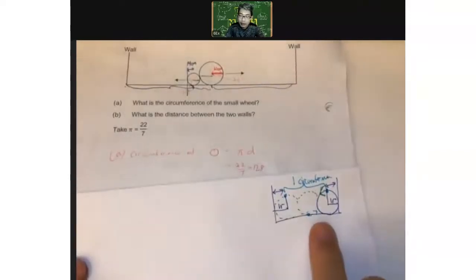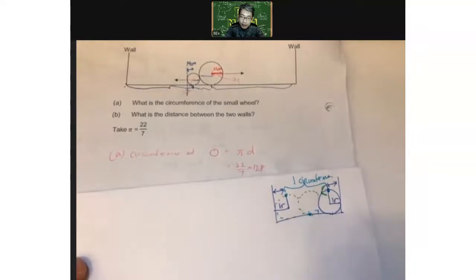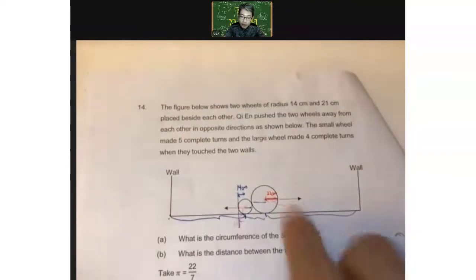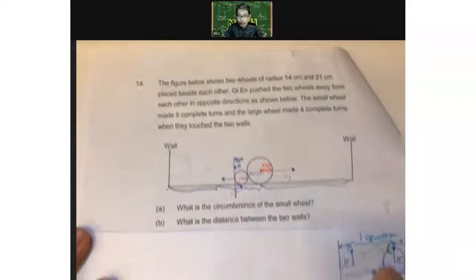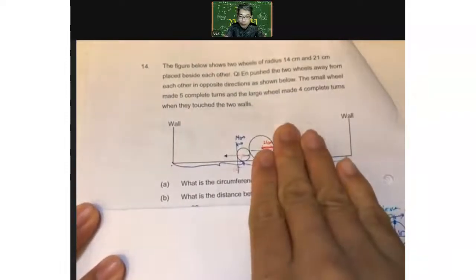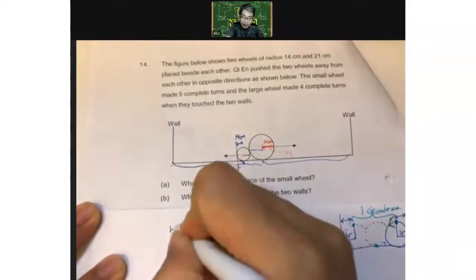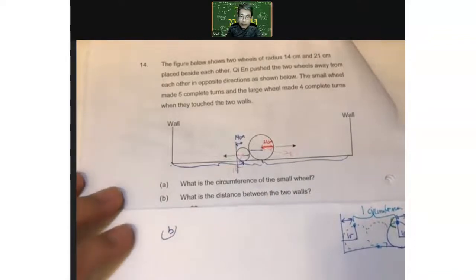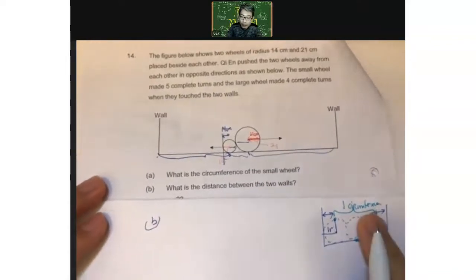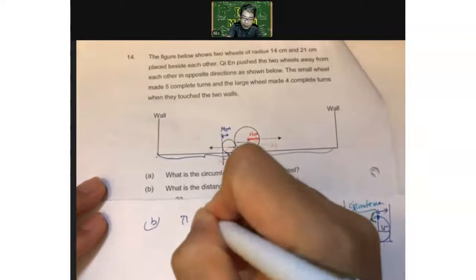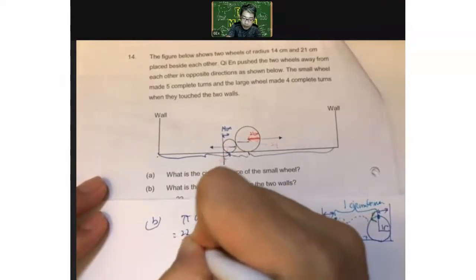My example is a simple one, just 1 complete turn. This is 4 turns. So what's the distance between the two walls? Let's look at the small wheel first. So for part B, I'm looking for the circumference of the small wheel. So pi times diameter, pi is 22/7.